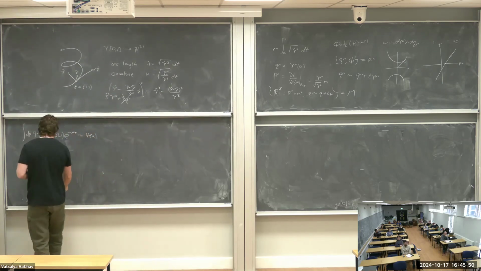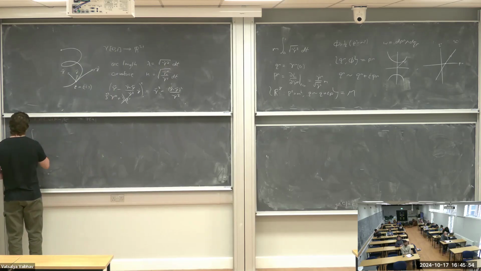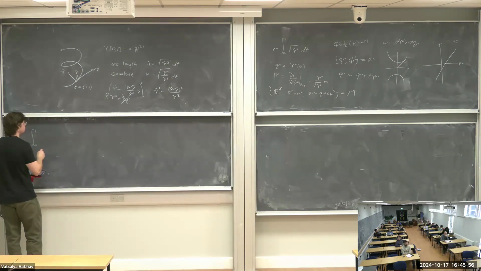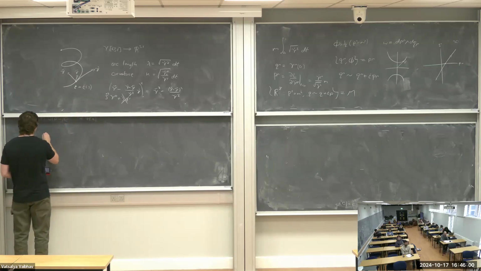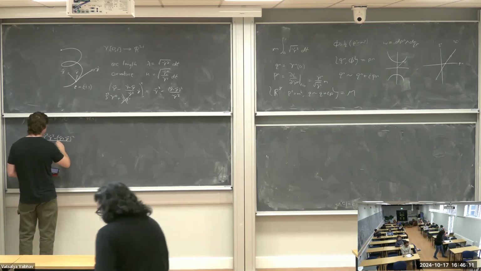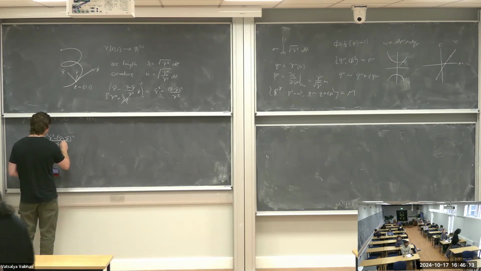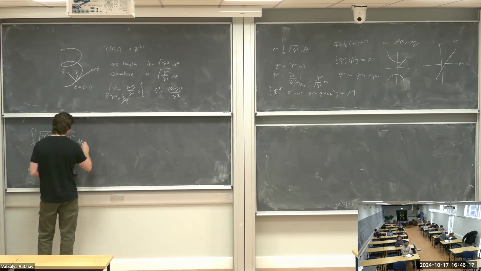So this curvature action looks like this. I'm going to integrate from 0 to 1. This thing here I can rewrite as gamma double dot squared minus gamma dot dot gamma double dot all squared, over gamma dot to the 4, with the square root.